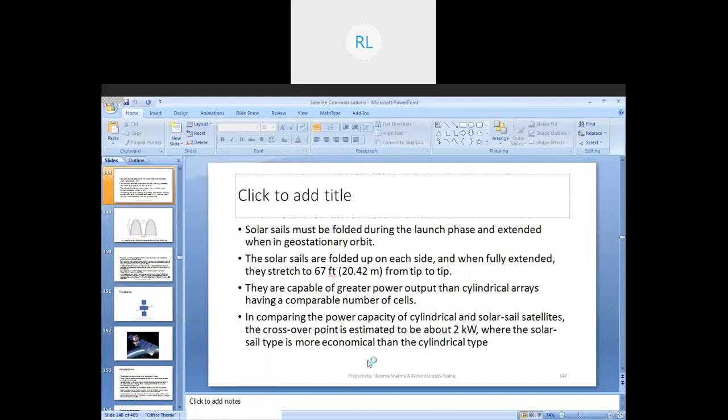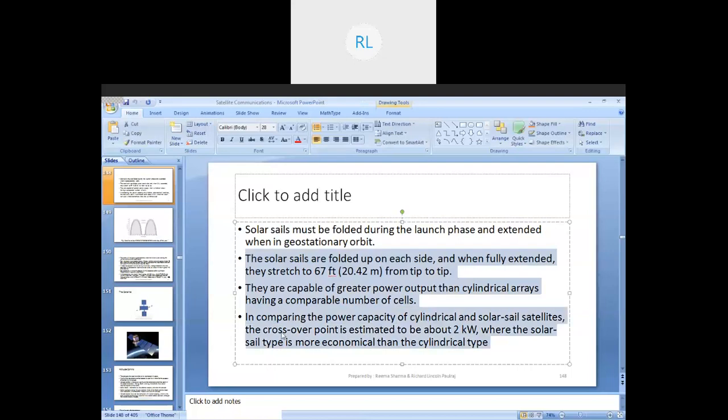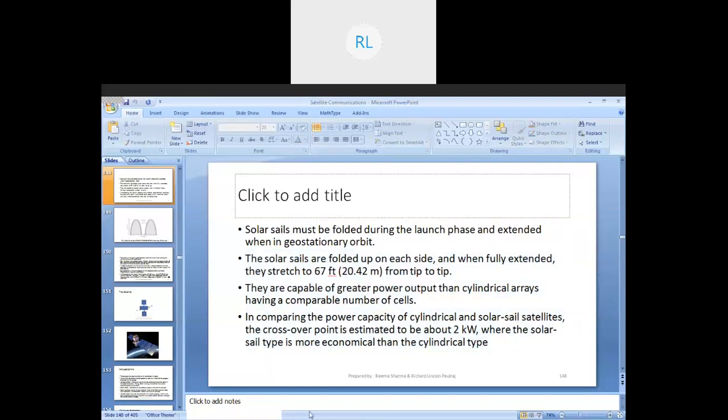Once these wings open up, it will start charging, and the reason why it starts charging is because it has solar cells, and these solar cells will in turn power up your satellite. Just go through these 2 or 3 points which I have added here, with regards to the power management itself.